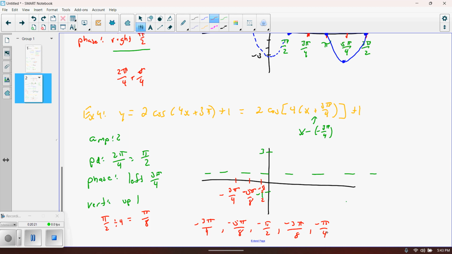And then you would just basically sketch it through those 5 key values. And again, those would start on your midline. So like right here, then your 5th point, then your middle, and so on, something like that. But again, I did not sketch that very well, so I apologize. But those would be your 5 key points that you would be graphing.